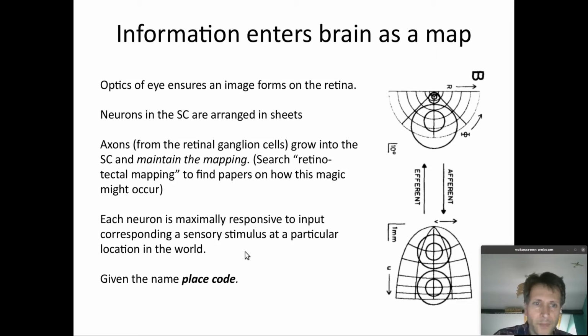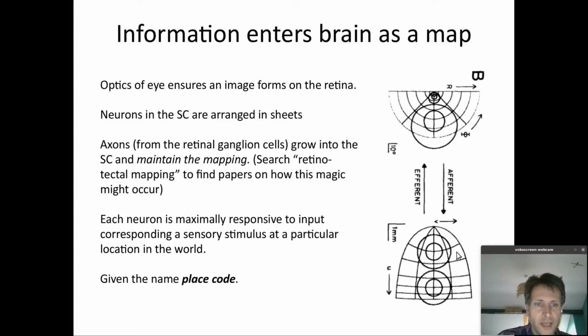So we just accept that the mapping is maintained. It's somewhat distorted, it's somewhat modified, but essentially if objects in the world are close together, then the activity in the superior colliculus is going to be close together.